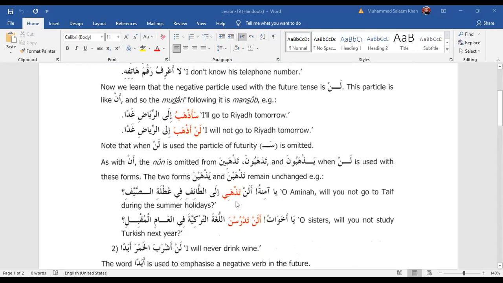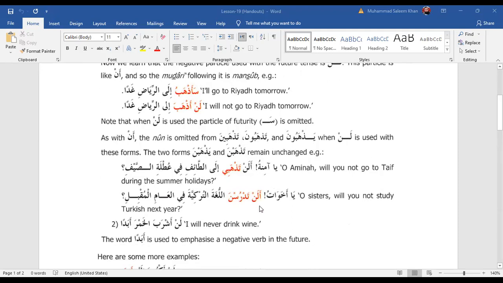This is what is mentioned here, so there is no need to go through all of them. Here it was ya aminatu alan tadhhabi. It was basically tadhhabina, but it was ina sound, so the noon has been dropped: alan tadhhabi ila taifi fi utlat al-sayfi. O Amina, will you not go to Taif during the summer holiday?